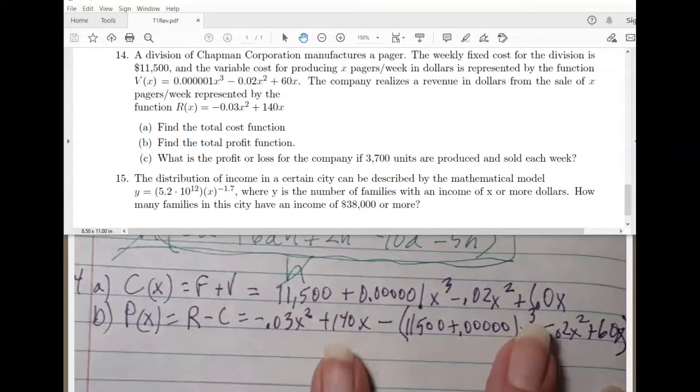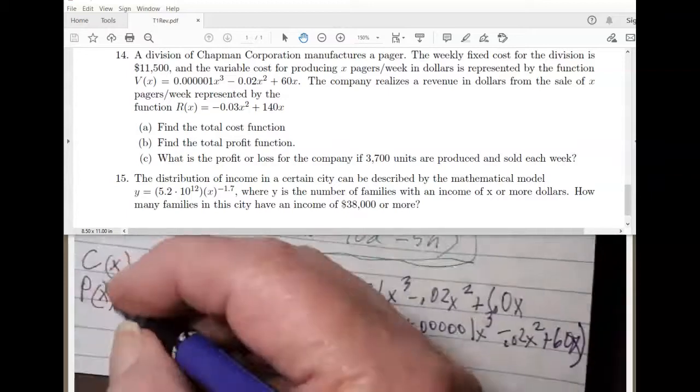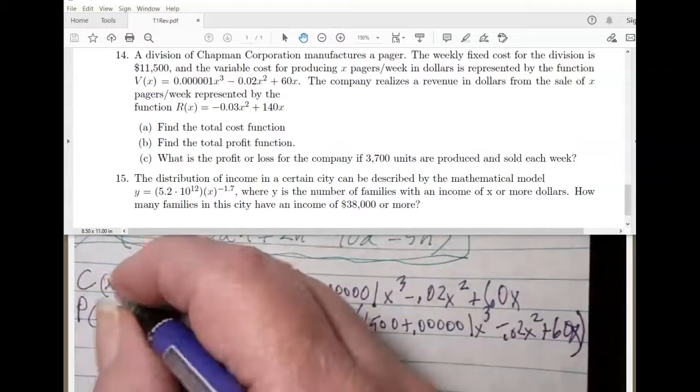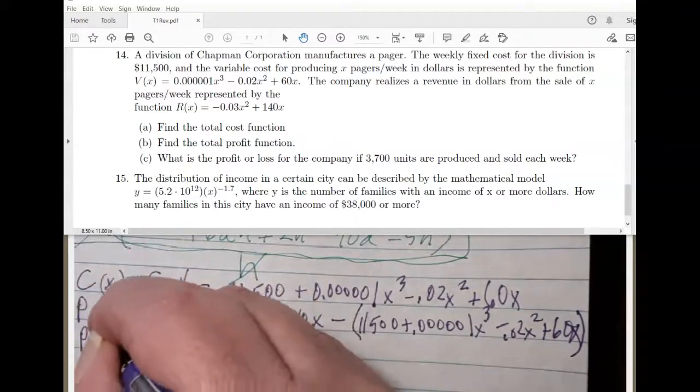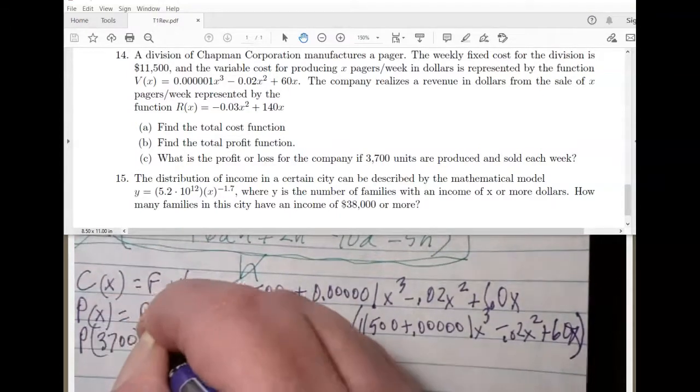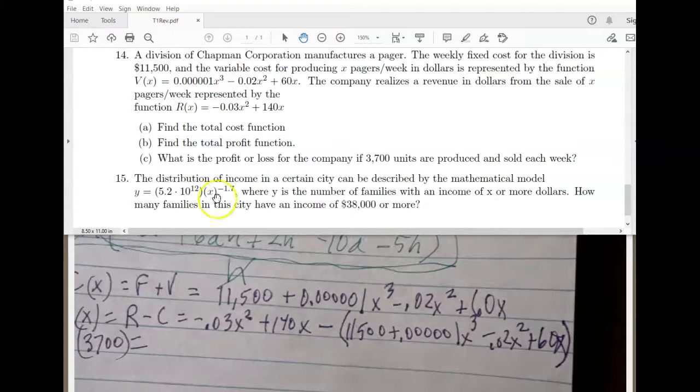Now for the last part, I really just want to put this 3,700 in here. So part C is asking me for the profit at 3,700. So I can go to my calculator to do this part.